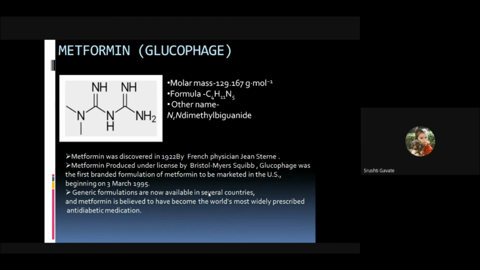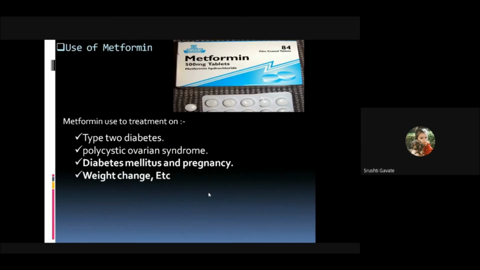Glucophage was the first branded formulation of metformin to be marketed in the US beginning on 3 March 1995. Generic formulations are now available in several countries, and metformin is believed to have become the world's most widely prescribed anti-diabetic medication.